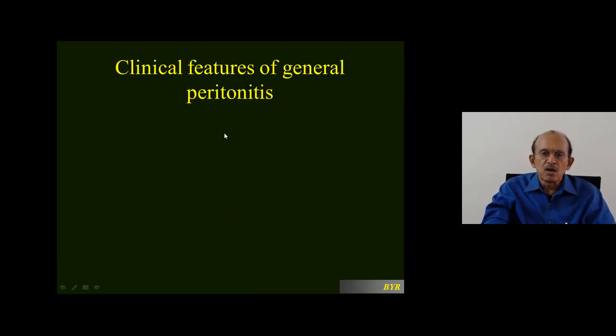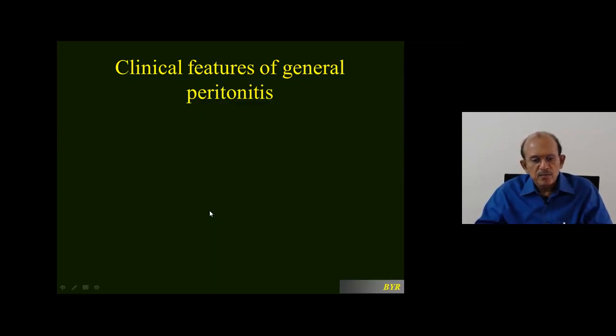If the patient develops general peritonitis, what will happen? You just imagine and tell me what features will be there. The inflammation is not confined to the right iliac fossa. It has spread to the rest of the peritoneal cavity. So how will the patient's symptoms be, tell me.